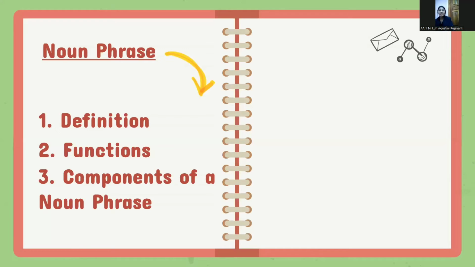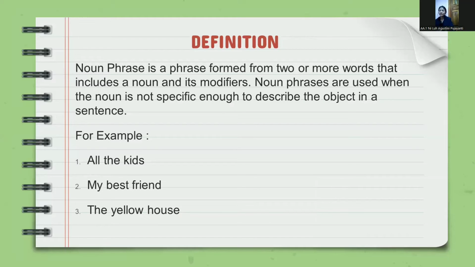The next material is about noun phrase. We will talk about the definition, function, and components of a noun phrase. Definition. Noun phrase is a phrase formed from two or more words that includes a noun and its modifiers.